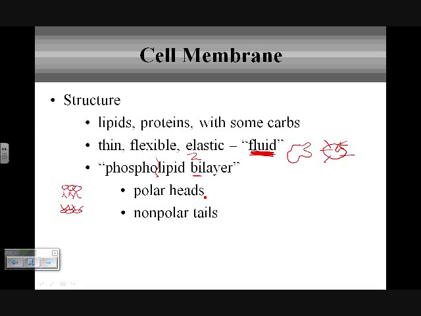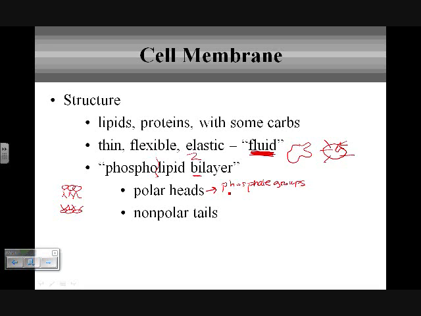When I refer to the polar heads, what I'm really talking about is that phosphate group, that phospho component of the phospholipid bilayer, the phosphate groups.